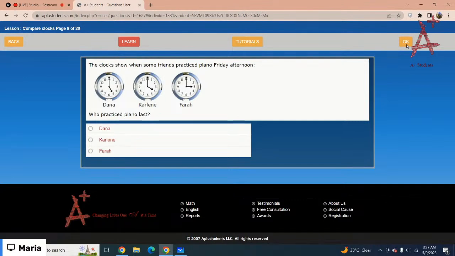Okay, the clock shows when some friends practiced piano Friday morning. Who practiced piano last? Dana did at 5, Carlin did at 4, and Farah did at 5. So who did it last?